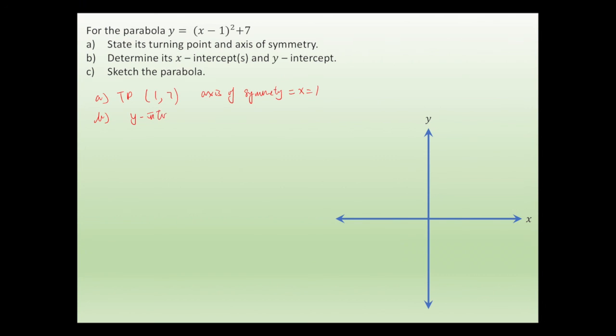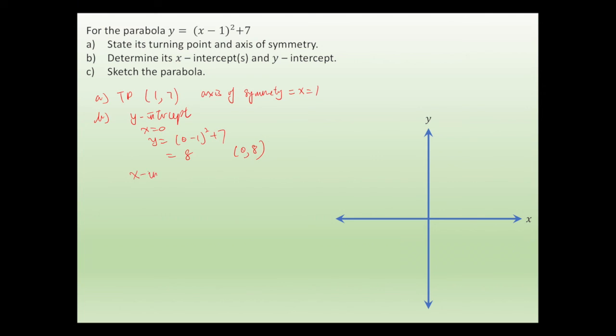Y-intercept. So for y-intercept, x equals 0, y therefore equals (0 minus 1) squared plus 7, which is (minus 1) squared is 1, 1 plus 7 is 8, so it's (0, 8).